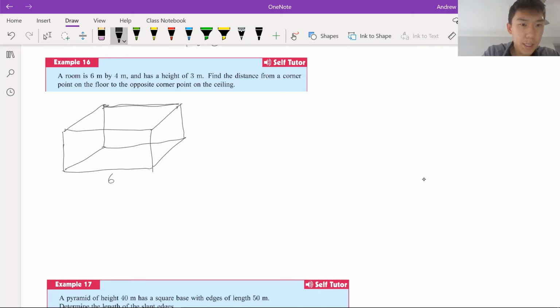A room is 6 meters by 4 meters with a height of 3 meters. It probably should have said that this is going to be a rectangular prism, but let's assume that. Otherwise, we'd have to use other methods, right? So let's go from here to the opposite corner on the ceiling, so like here.